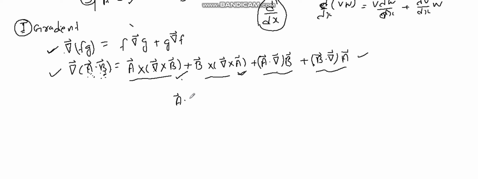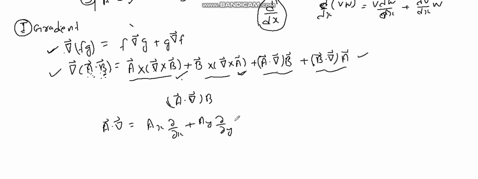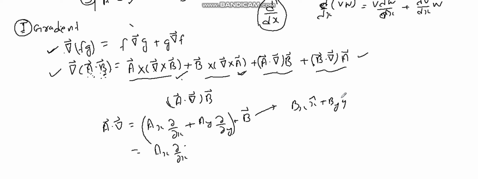So how does A dot del of B look? A dot del is written as Ax del by del x plus Ay del by del y, and the other term, acting on B. So what we are doing here is expanding B as Bx x cap plus By y cap.